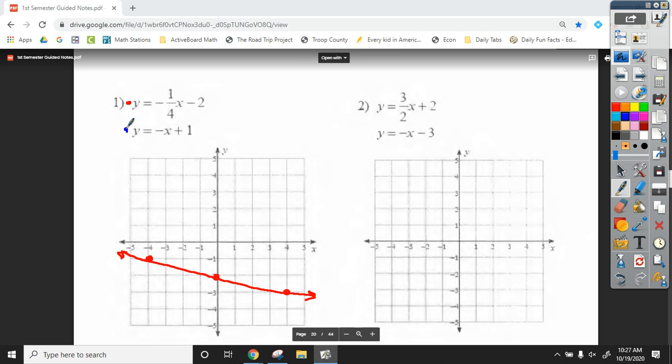For my next equation, where do I start for this one? Positive 1. My slope is negative, so I go down and to the right.